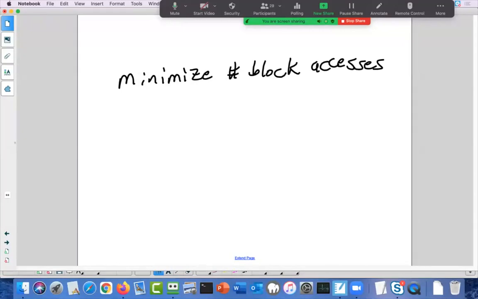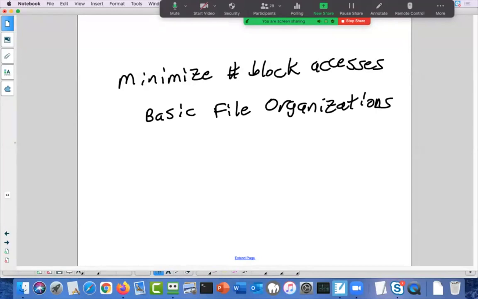Okay, so when we are choosing a file organization that we can use for a relation, we have essentially 3 choices. So basic file organizations. The first is a heap, which is an unordered collection.